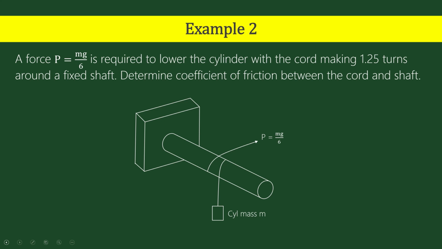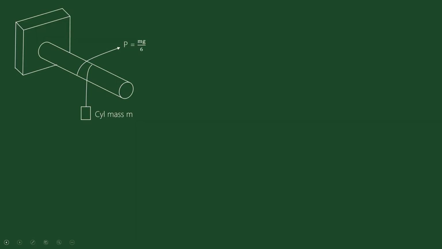In the same manner, instead of one turn, 1.25 turns are given. So, we have to use the relationship for that. Now, in this particular example, since the lap angle is given directly in terms of number of turns, no need to draw FBD. So, let us see the solution of this, and for the solution, see this diagram.